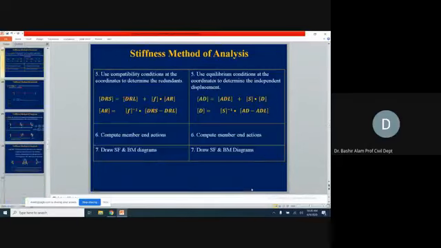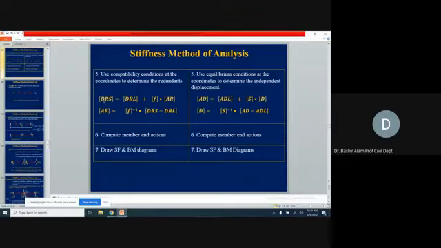In the next slide, we will see that here we were writing the compatibility condition, and the compatibility condition was DRS equal to DRL plus F times AR. And here now, the equilibrium equation is AD equal to ADL plus S times D. You can compare each and every term.